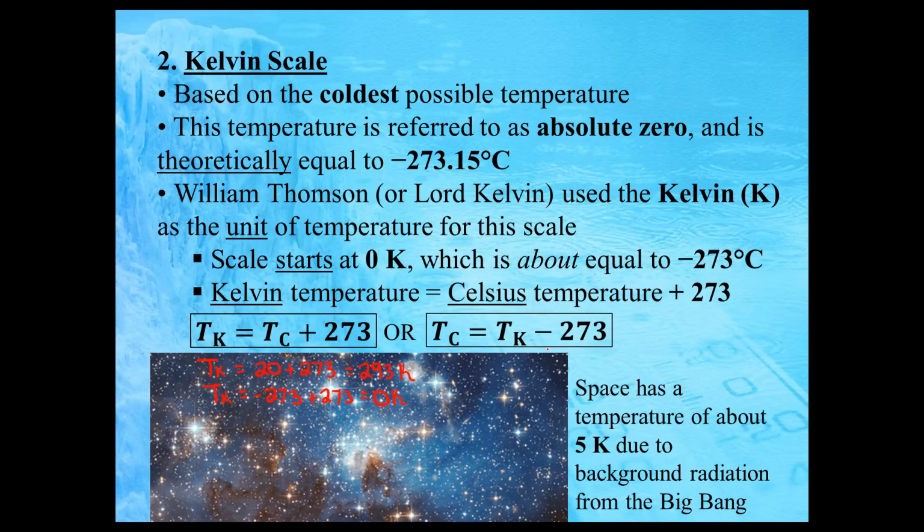For example, if we want to figure out what the temperature in Celsius is in outer space, the Kelvin temperature is 5 Kelvin, subtract 273, so the temperature in outer space would be negative 268 degrees Celsius. So just a couple of equations that you can use to go from Celsius to Kelvin or from Kelvin to Celsius.